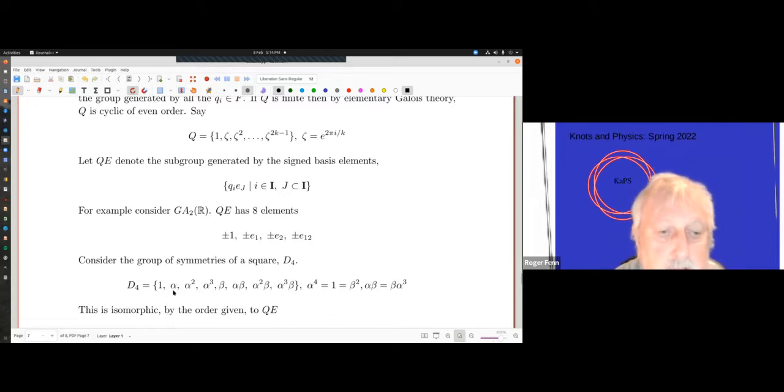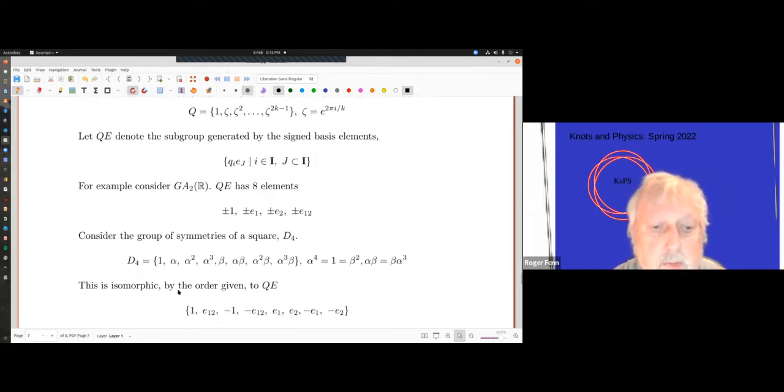Alpha is a rotation through pi by 2, and beta is a reflection, not a diagonal, horizontally. So these are all the 8 elements of D4. Alpha is of order 4, beta is of order 2, and alpha beta equals alpha cubed.